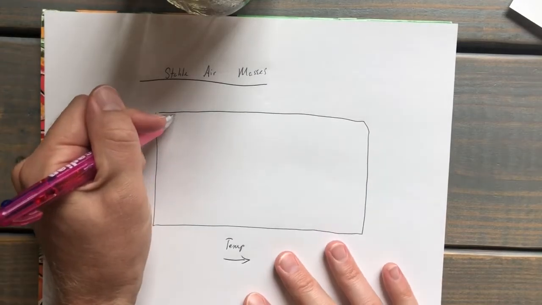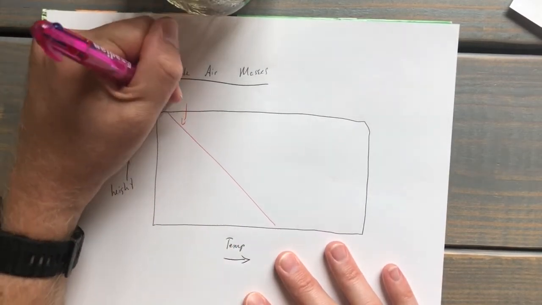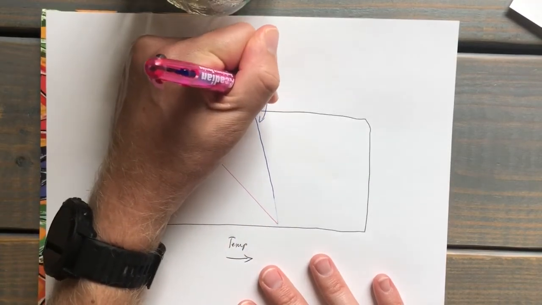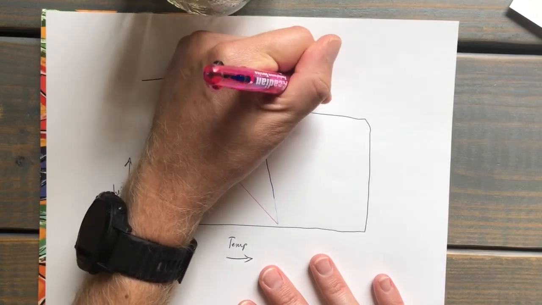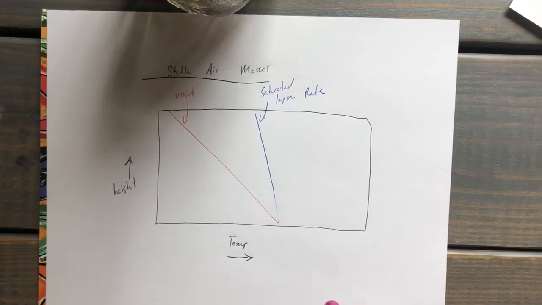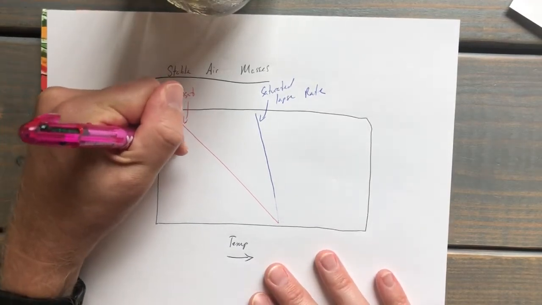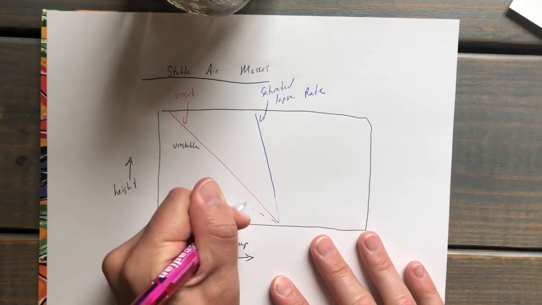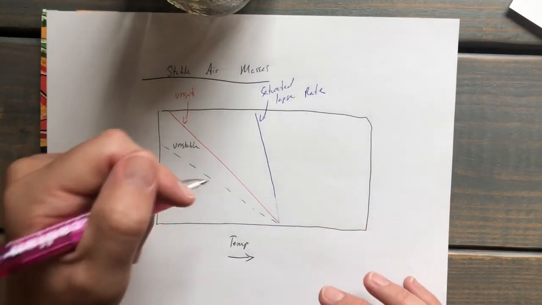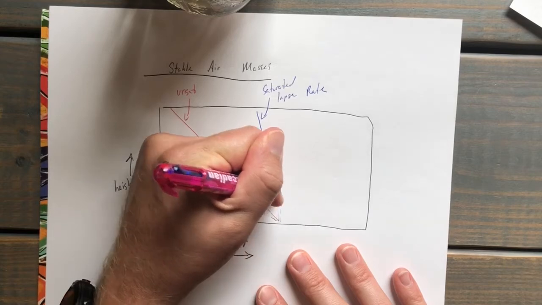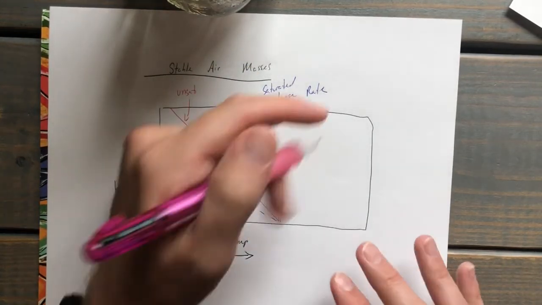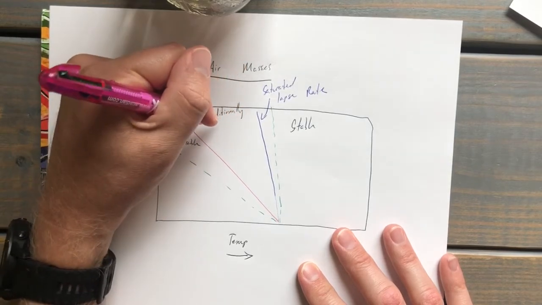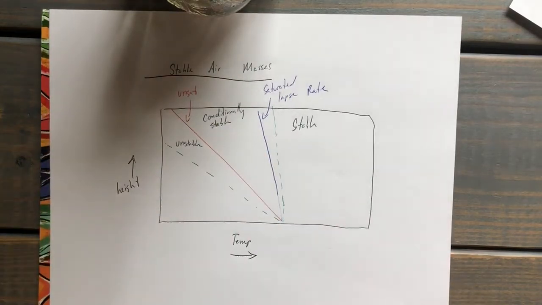And just like in the book, let's give ourselves an unsaturated lapse rate and a saturated lapse rate, and call this field unstable specifically there, and then this should still be positive, so we'll do it right there, and call this conditionally stable.